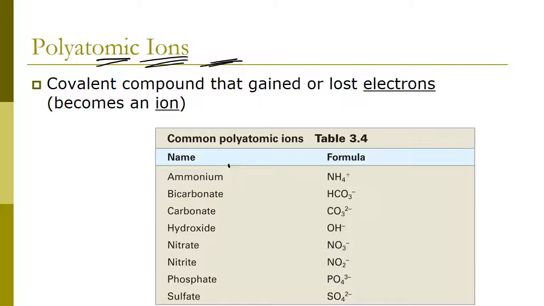You'll see that we have a bunch of nonmetals together that, for some reason, that molecule gained or lost electrons, and then it becomes an ion. Now that ion will go ahead and react to form an ionic bond with something else. So it's kind of unusual. You have both ionic and covalent bonds all occurring at the same time.